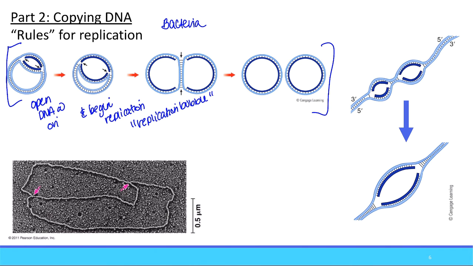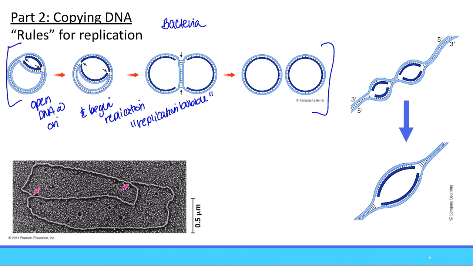And as we continue replicating, so as we continue going to the right, the dark DNA is new DNA, the light DNA is old. You'll notice that eventually here we get to the point where we have two new double-stranded DNAs. And so they're both half old, half new, so still following what we learned from Meselson and Stahl's experiment.